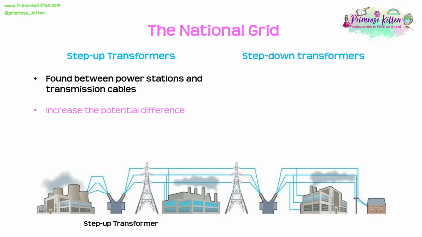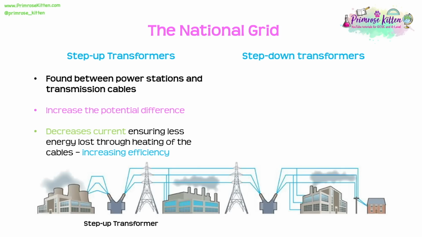Step-up transformers are really important. They're designed to increase the potential difference and therefore decrease the current. Now this ensures less energy gets lost through the heating of those cables. This increases efficiency. So more of that electrical energy is transferred from those power stations to the homes and the factories they're going to.